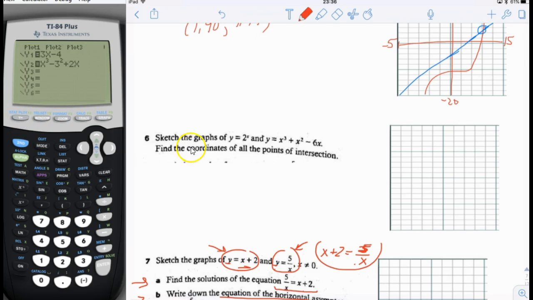Now it says to sketch these two graphs. One of them is an exponential function, 2 to the x. The other one is a cubic function, just like last time. X cubed plus x squared minus 6x.